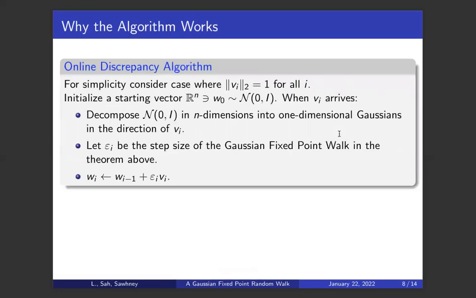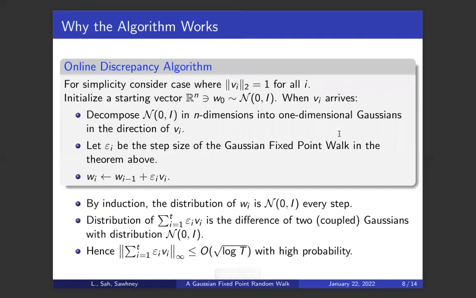To understand why this algorithm works, the main claim is that by induction and the stationary distribution guarantee of the Gaussian fixed point walk, the distribution of the partial sum w_i will be exactly N(0, I_n), the normal distribution in n dimensions, at every step. Thus, for any partial sum, i from 1 to little t, of epsilon_i v_i, it's going to be the difference of two coupled Gaussians with distribution N(0, I_n).